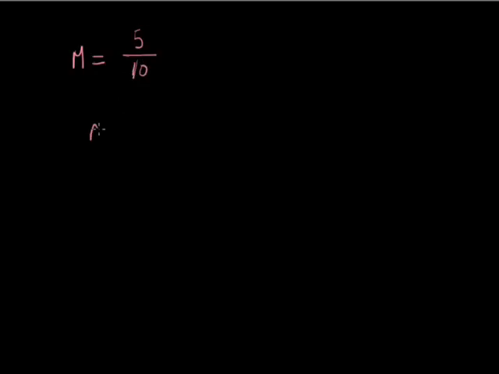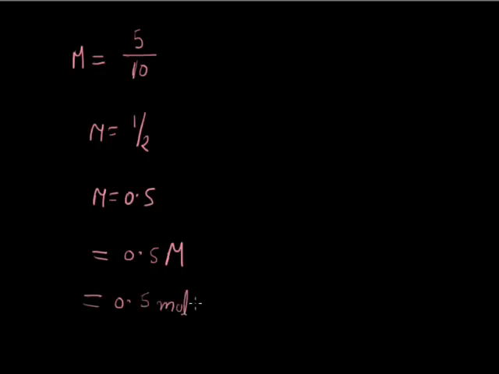So solving, we get 1 by 2, that is molarity equals 0.5, or we can simply write concentration becomes 0.5 moles per liter. So in this problem the active mass of hydrogen is 0.5 moles per liter.